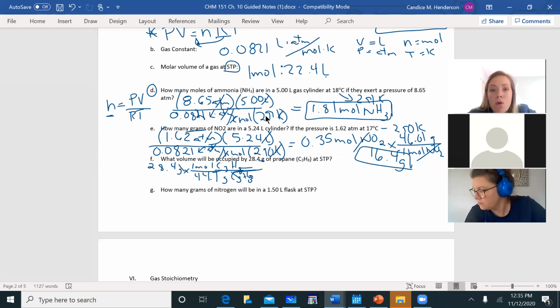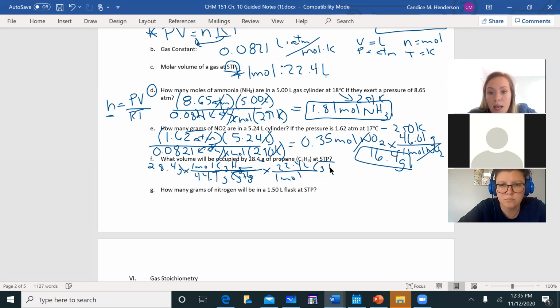Now, if I want to go from moles into liters, we get to use this nifty thing because it tells us we're at STP. So I'm going to just use this relationship here. I want to get out of moles, so I'm going to put the 1 mole on the bottom. And it says that that will yield 22.4 liters of C3H8. The mole will cancel and we'll be left with just liters.